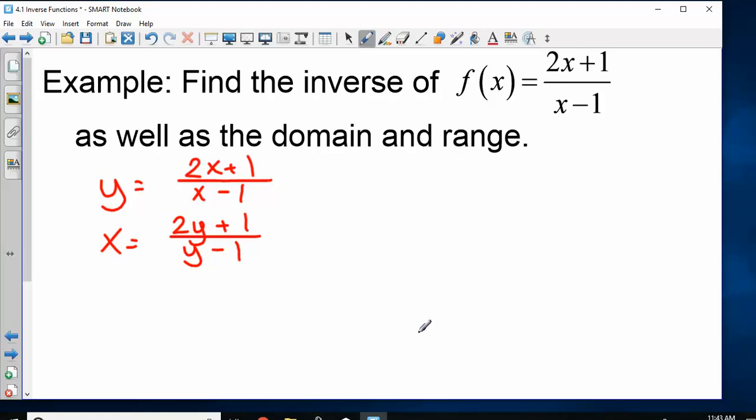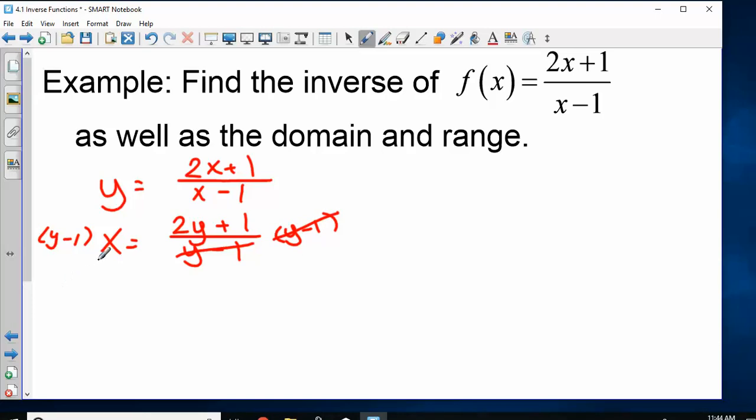What do you recommend? Get the y out. Okay, we need to get rid of this fraction, don't we? We can't just cancel these y's because I have more than one term, so really the only option to get rid of this fraction is to multiply by y minus 1.